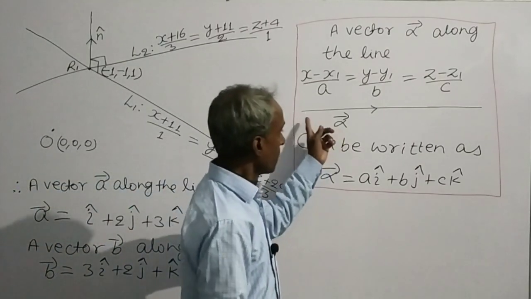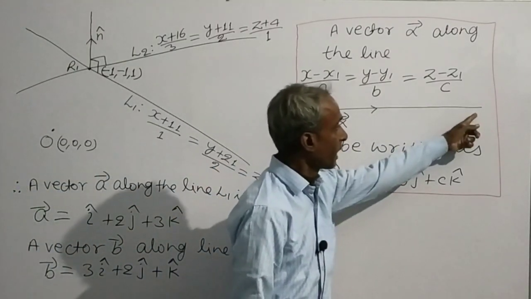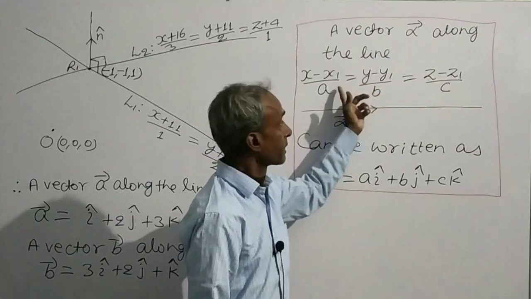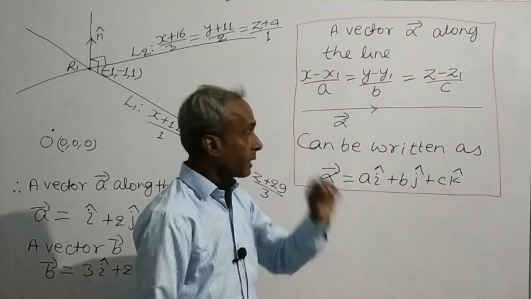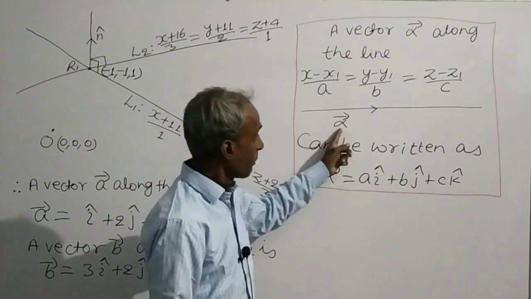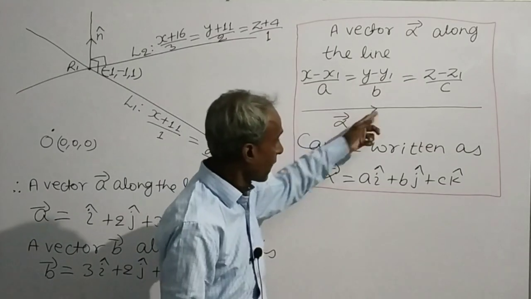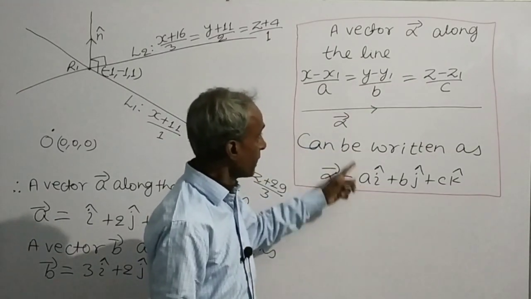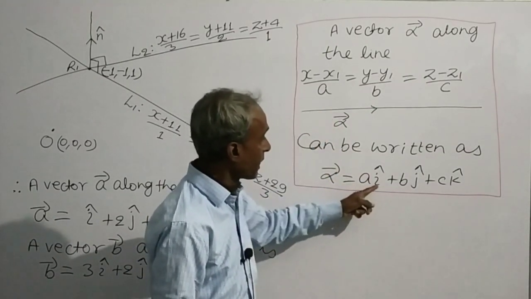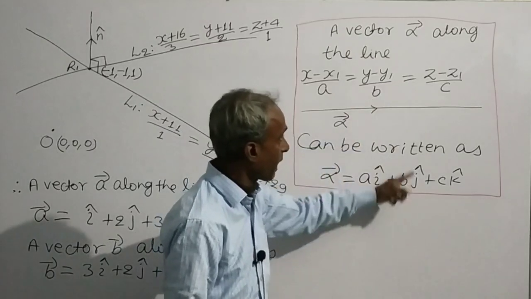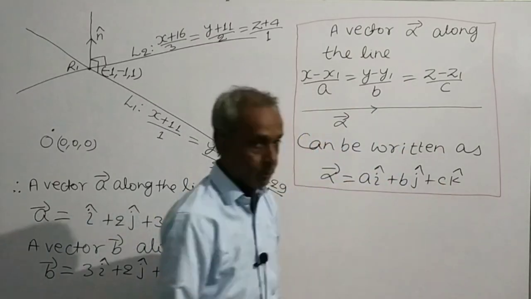If the equation of this line be this, then a vector alpha along this line can be written as a i cap plus b j cap plus c k cap.